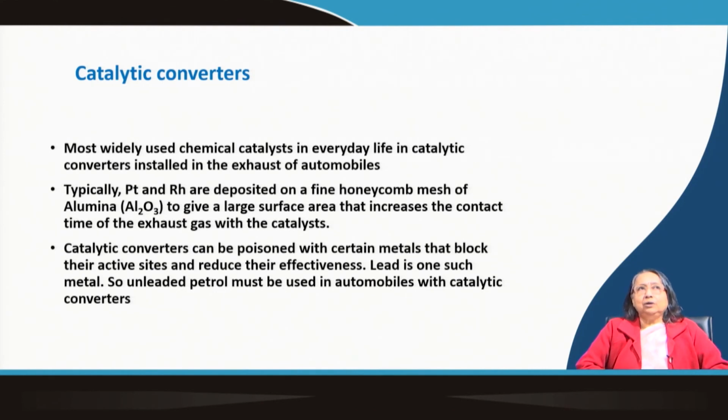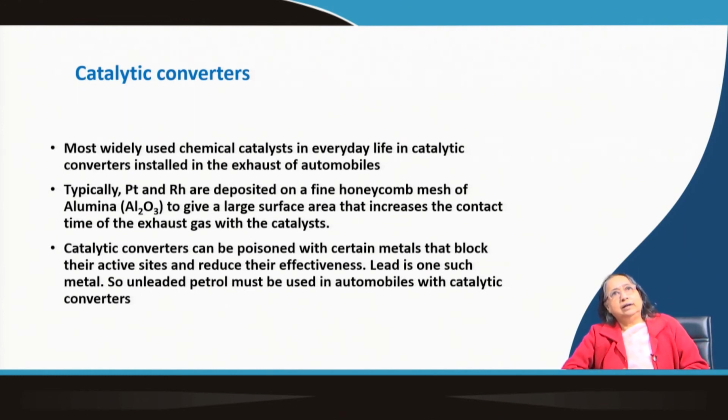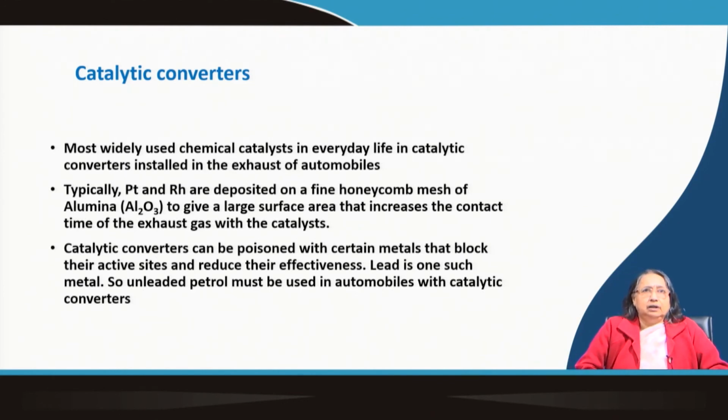So what should be our goal? Our goal is to use a good catalyst so that it goes to complete oxidation, that means carbon dioxide and water, and for this purpose we use a catalyst such as platinum. There is another thing going on when we use gasoline in automobiles.